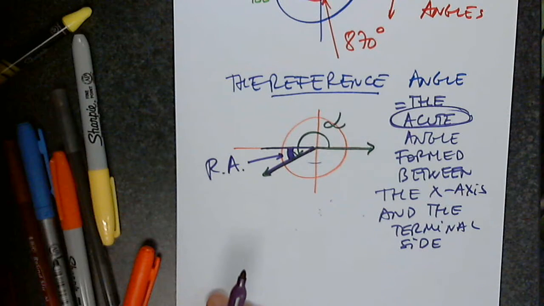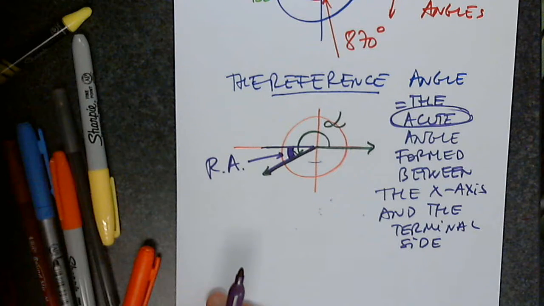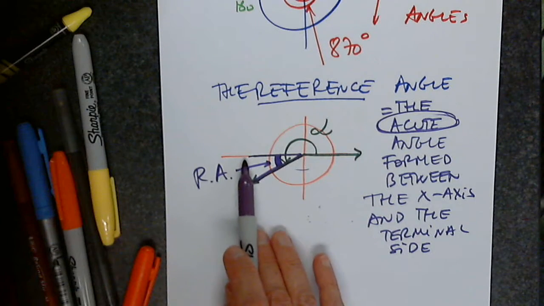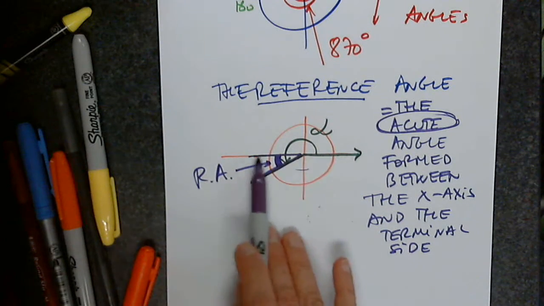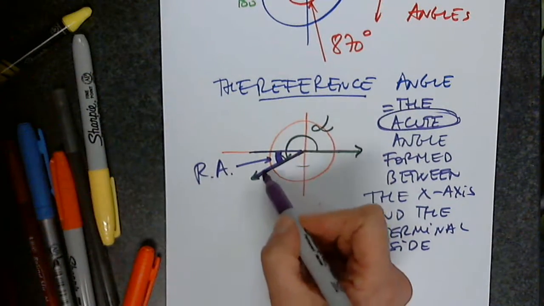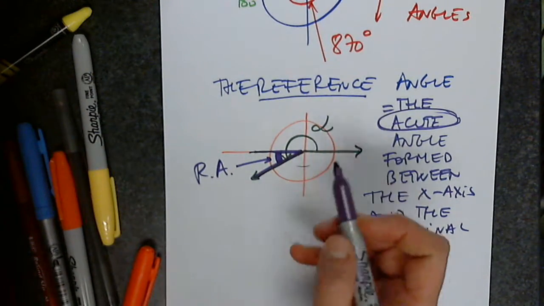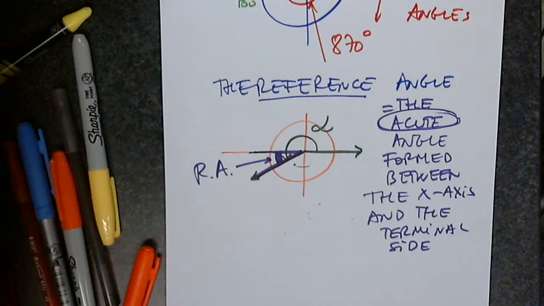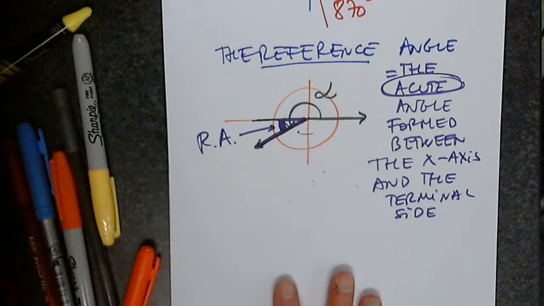Can you subtract the amount from that angle? Yes, you can. Of course, you can. But the reference angle is always determined based on the x-axis: the acute angle formed between the terminal side and the x-axis. But yes, you're right, you can use this angle instead of this, and you will get the same thing. But you have to be more careful for that.